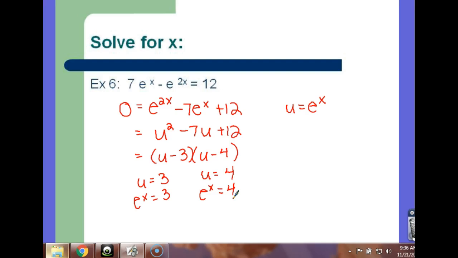But I want to know what x equals. So if you ln both sides, x is equal to the natural log of 3 and x is equal to the natural log of 4. It's a quadratic. Yeah, so when we turn it into the quadratic here, that shows that this is raised to a power of 2, and it's giving you that quadratic feel.